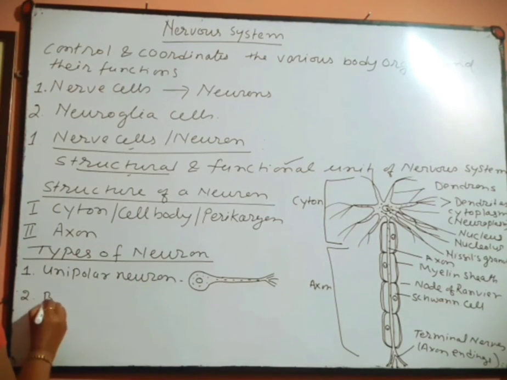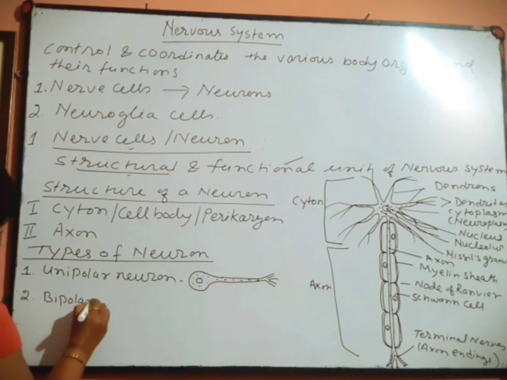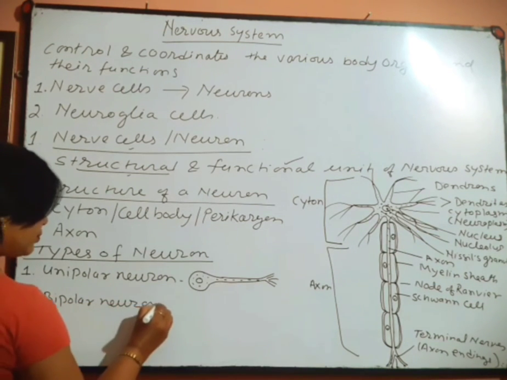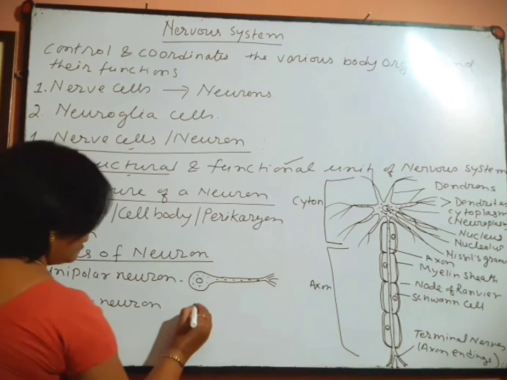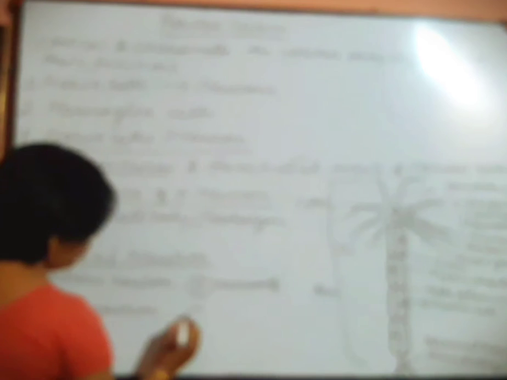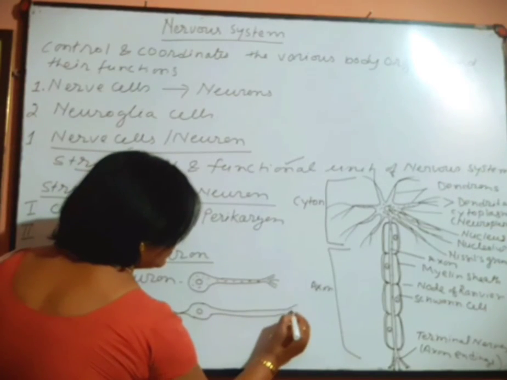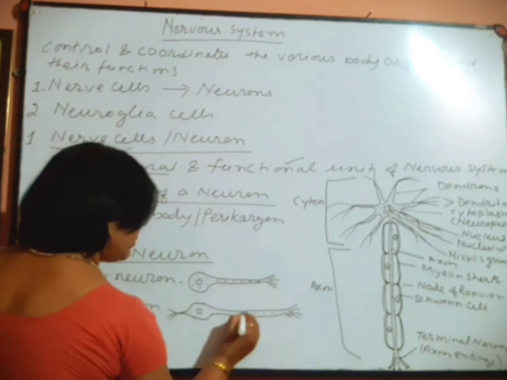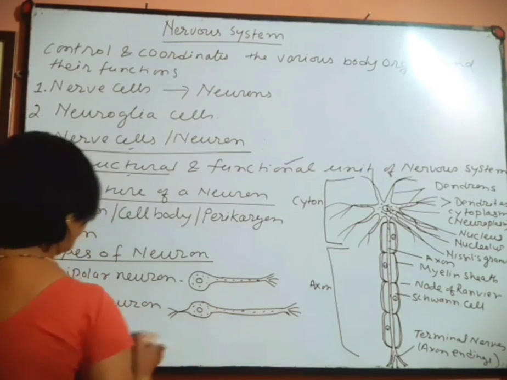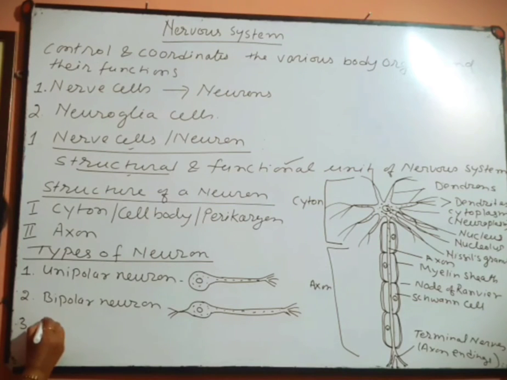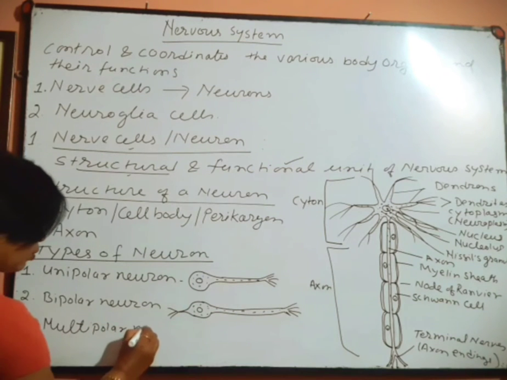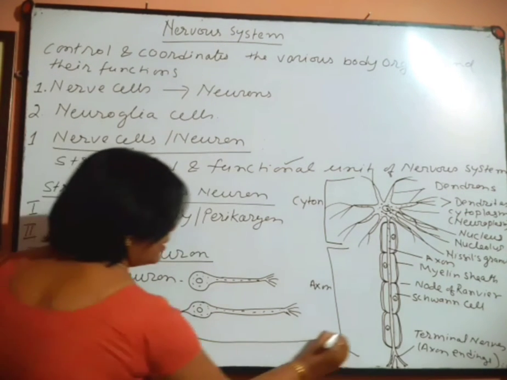Second, bipolar neuron, and these have two poles, one dendrite and dendron. And third is multipolar neuron. And this is a diagram of a multipolar neuron.